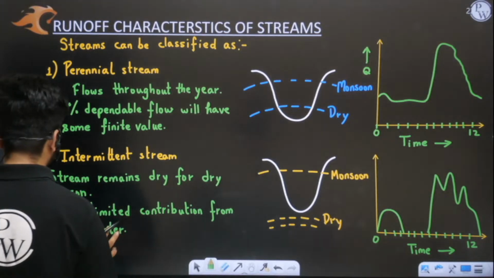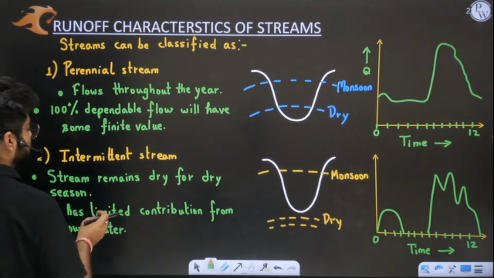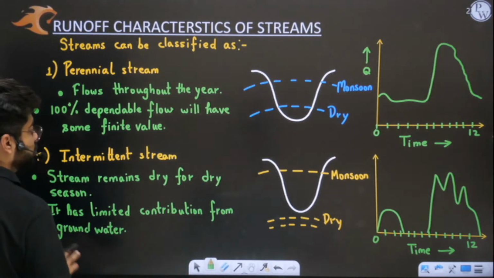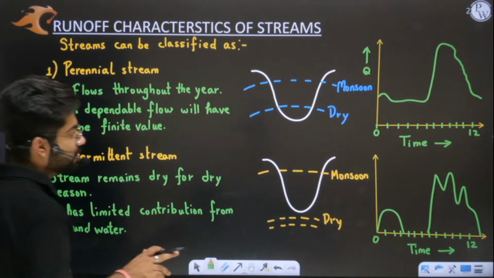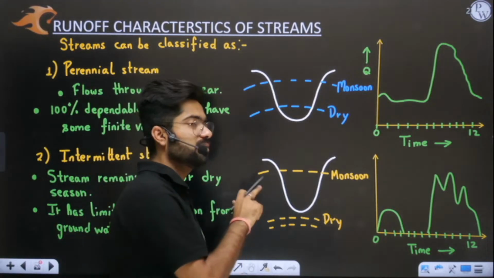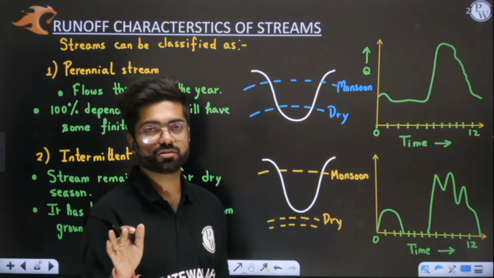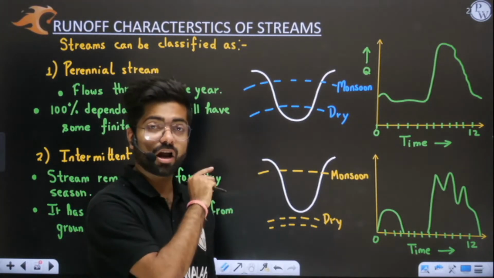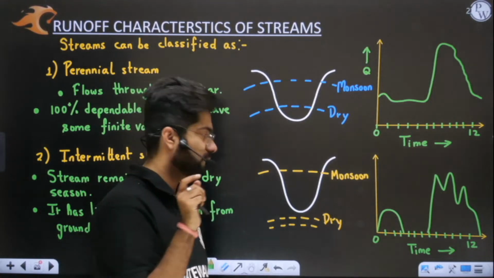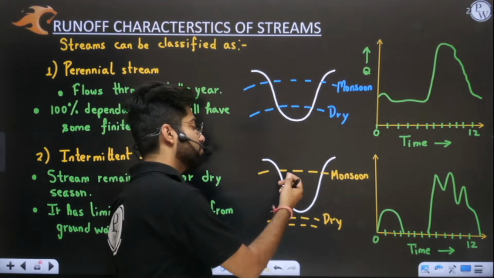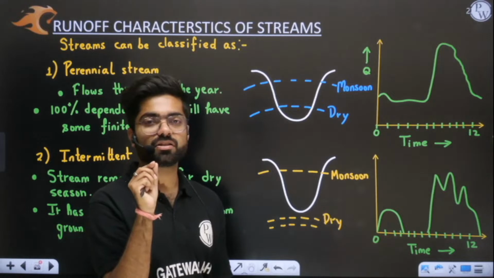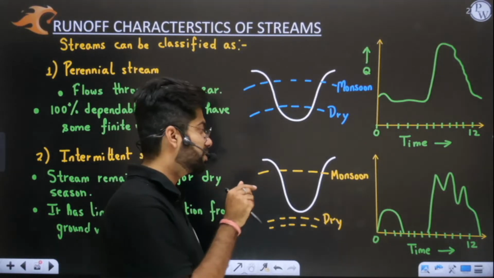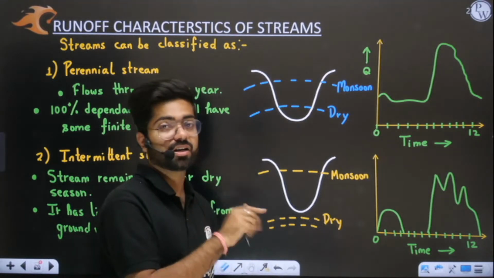Okay, if you want to write here, can you tell me that 100% dependable flow will have some finite value? No. You need to understand that in this river there is not even a single value of discharge which exists for 100% of the times. We can see that in this river sometimes it goes dry. So obviously no magnitude of discharge has 100% probability to occur there.